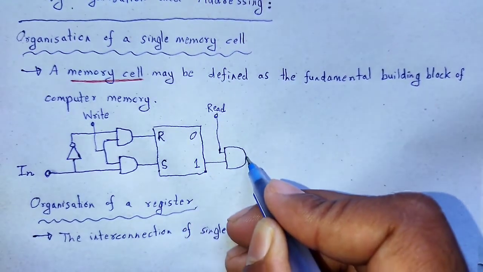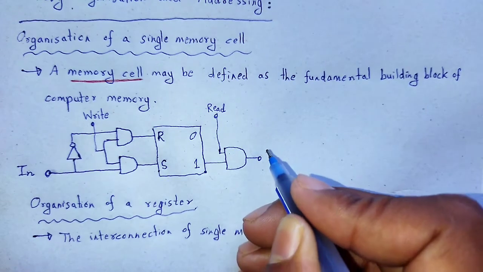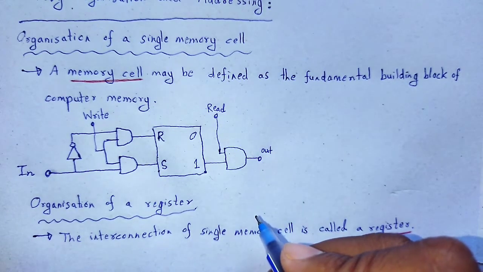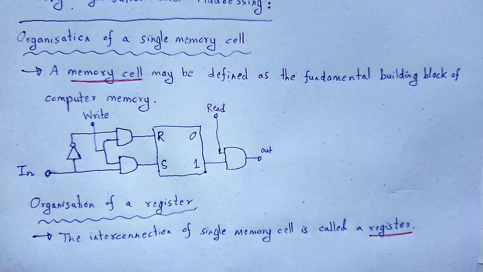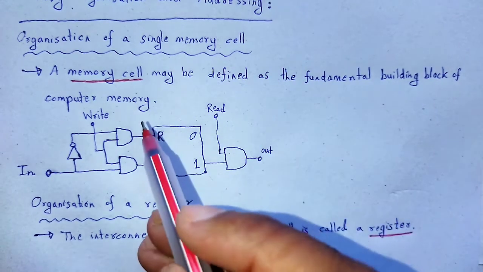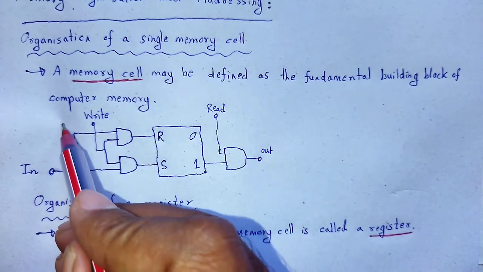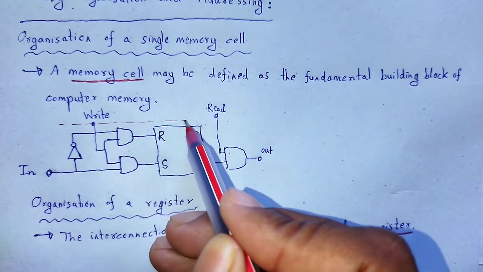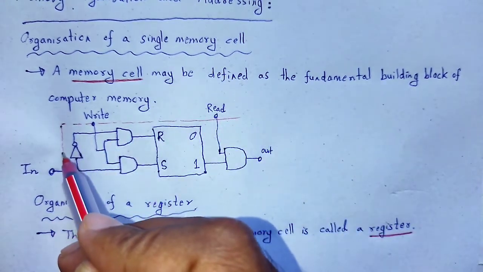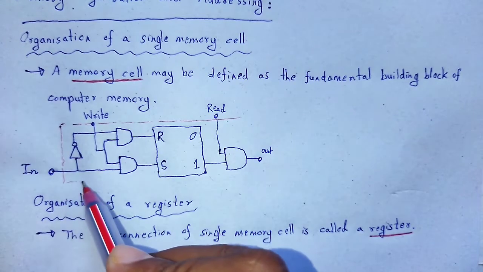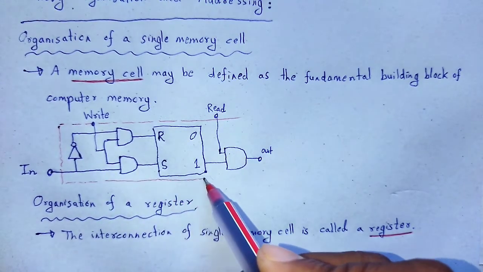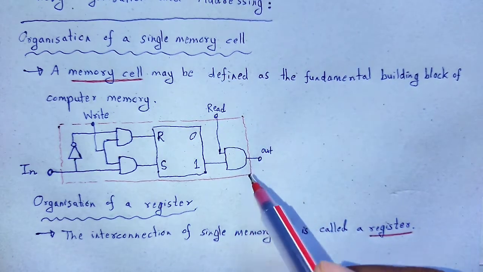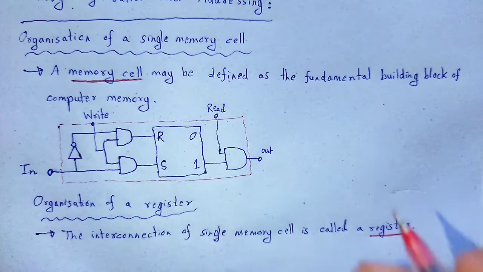Finally, we have the output line. This section is a memory cell.